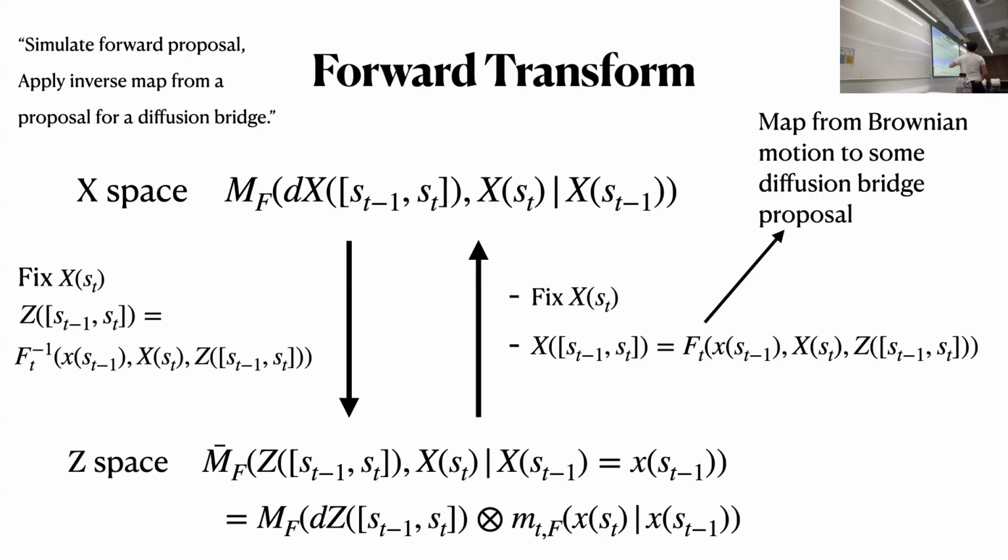We can apply the inverse transform of this proposal bridge from the X space to the Z space, i.e. a transform from the solution of the diffusion bridge proposal back to the Brownian motion. If we apply that transform to this thing, then this is the distribution that is recovered from that simulation process. So that's how we simulate from this kernel.